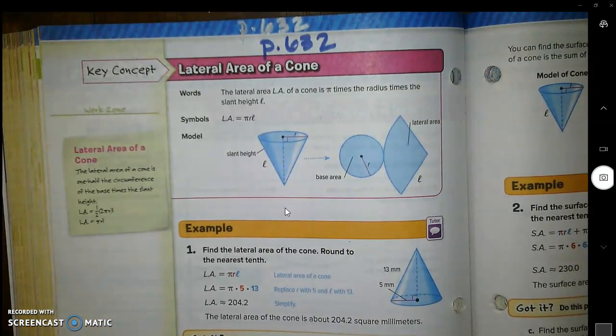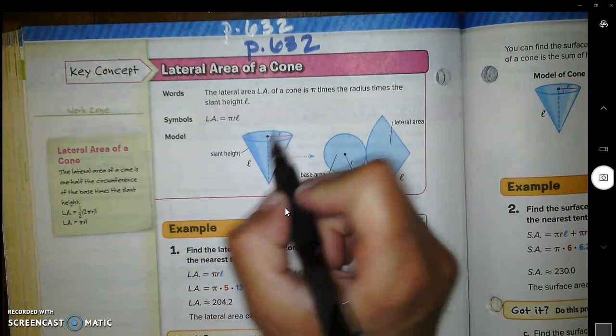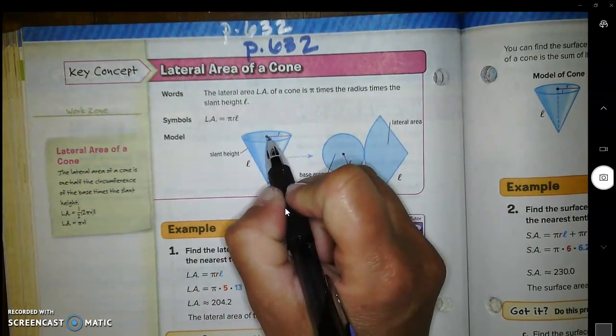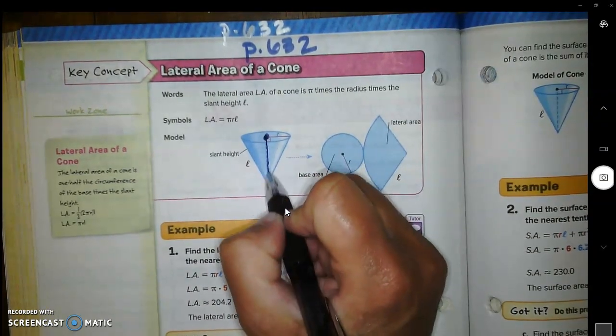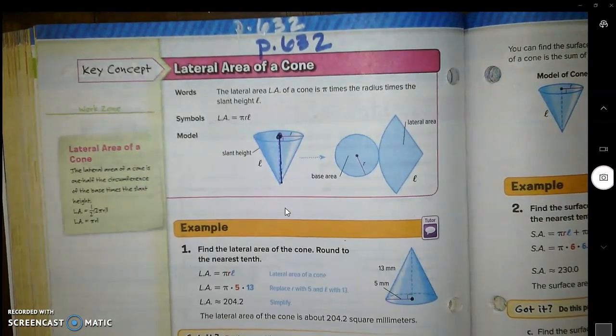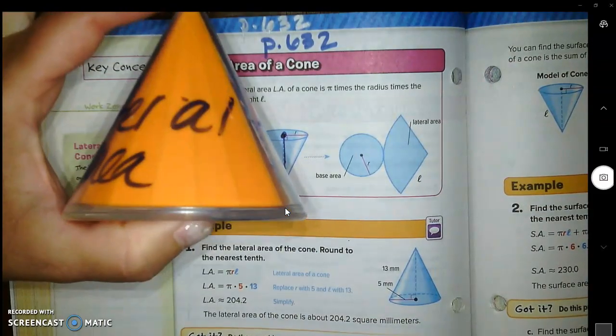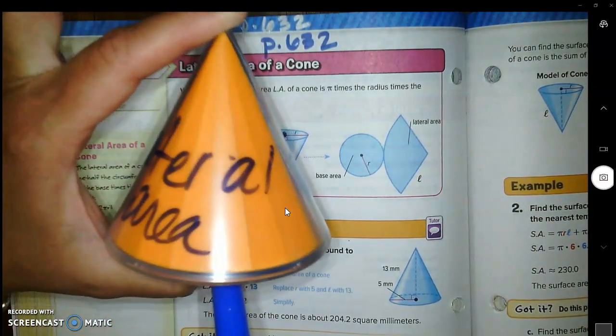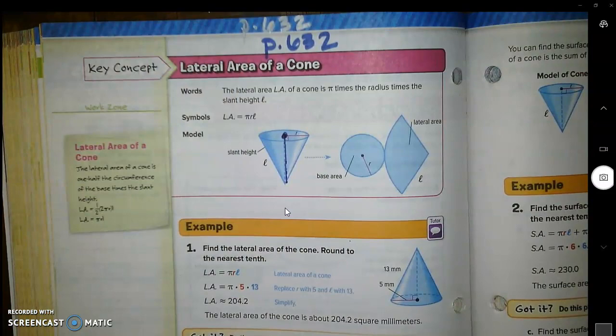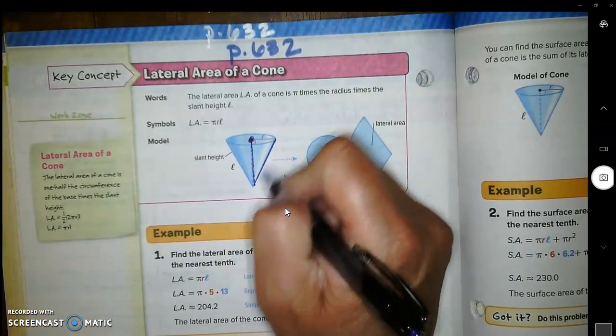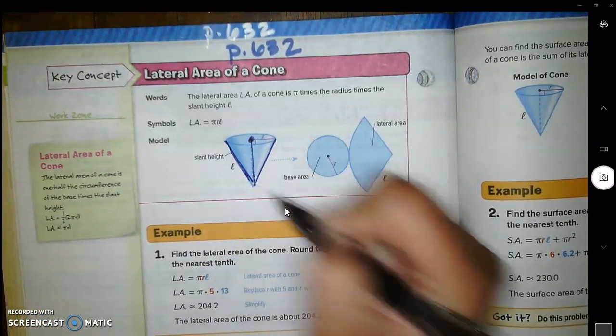So if you look at this picture that they drew inside of our book, the height of the cone is from the center of the base to the tip. And so that would be like where my fingers are holding the cone. Okay, so from the tip down to where my thumb is at the center. But the slant height is the height that is out here on the outside.